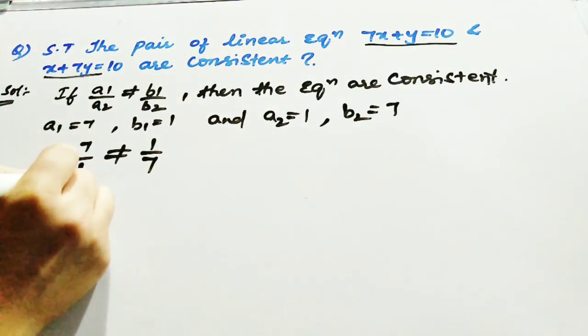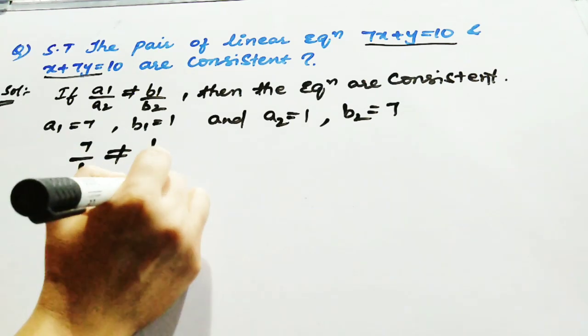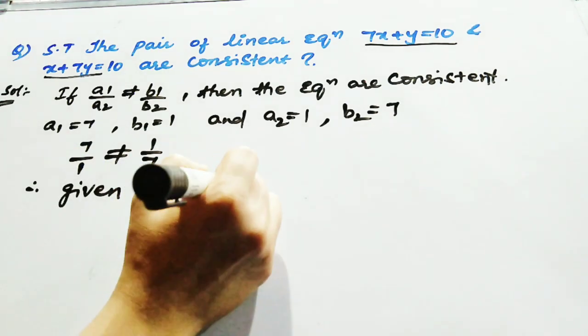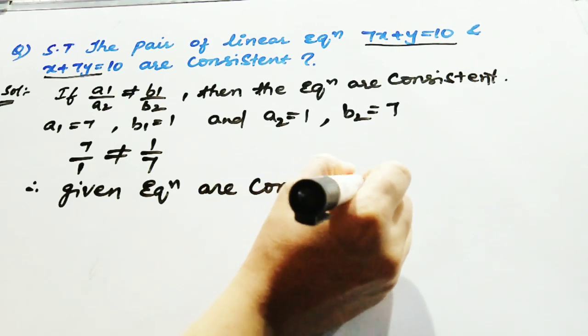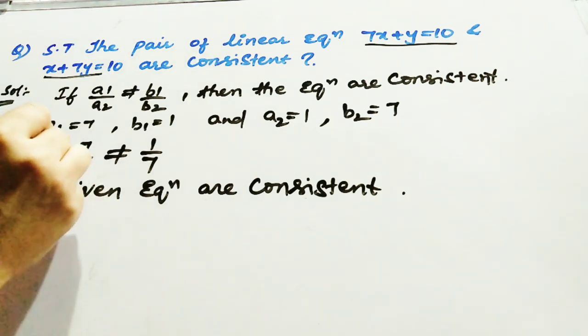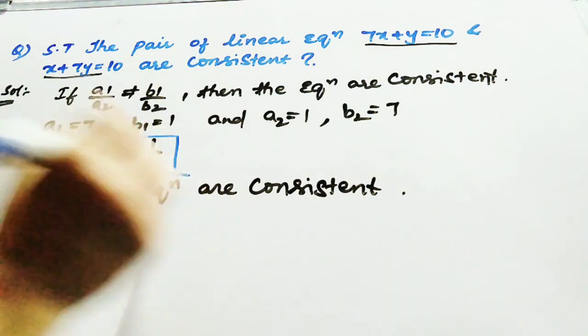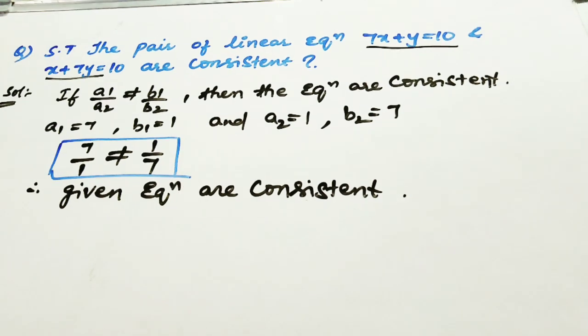So the given equations are consistent. Just note it down: 7 by 1 is not equal to 1 by 7.